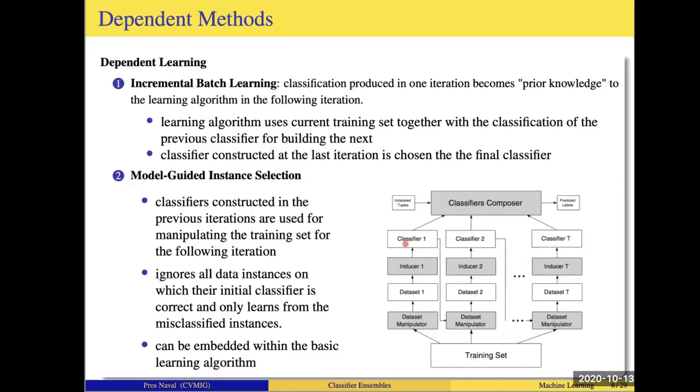So what we have here would be t different classifiers, classifier 1, 2, up to t. Now this classifier composer will use these classifiers to label the different unlabeled features and produce hopefully a good predicted set of labels. And the performance of this overall composer would be better than any of these different t classifiers. So that's the idea.